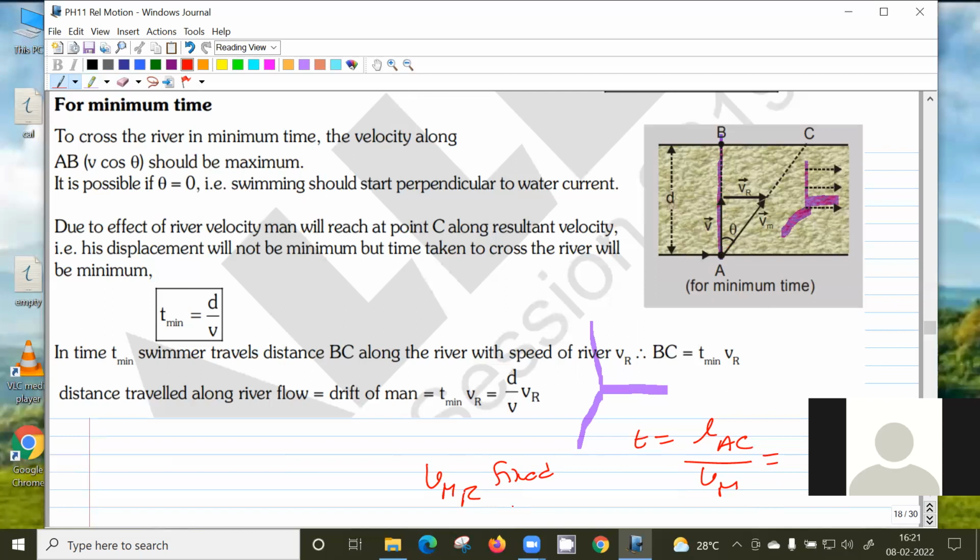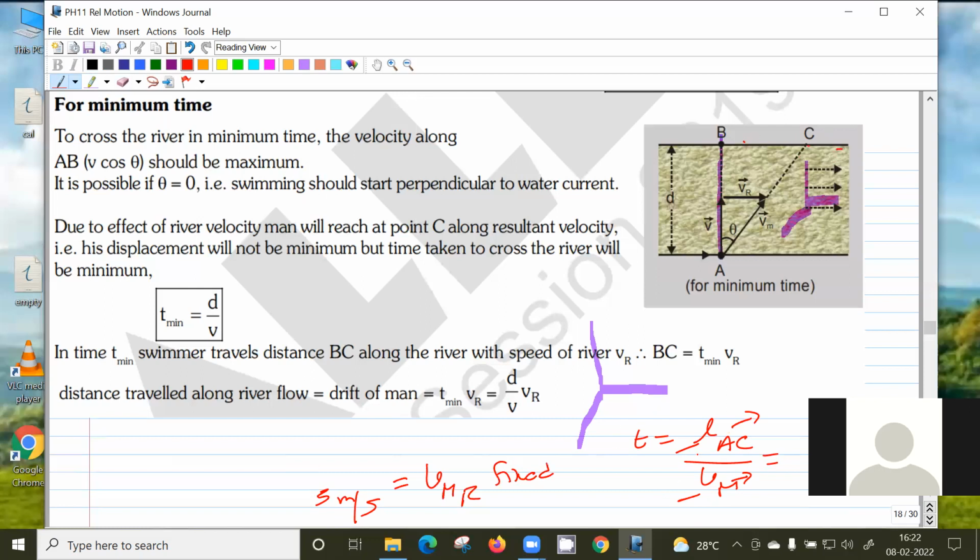This is the swimmer's capability. If a swimmer can swim at a speed of 5 meters per second, then when swimming in the river, that 5 meters per second will be the velocity of man with respect to river. That is fixed based on the swimmer's capability. So here Vm is variable, and also the length of AC is variable.